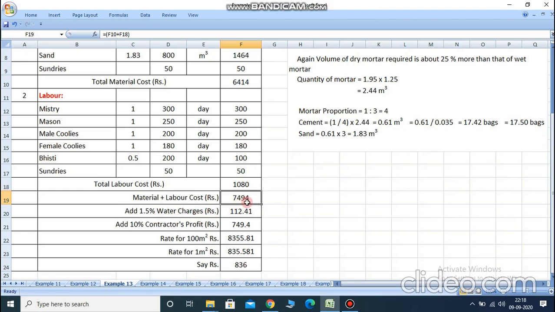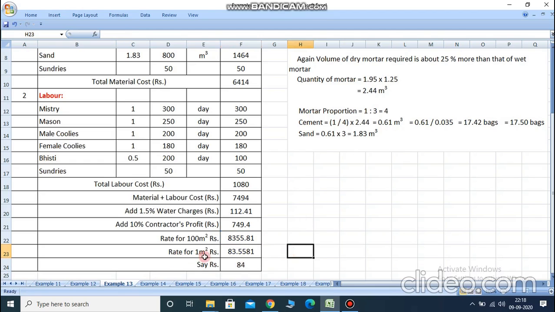So 7494 multiplied by 1.5%, we got the answer 112.41, and we add 10% contractor profit. So 7494 multiplied by 10% means 749.4 rupees as contractor profit, and the summation of 7494, 112.41 and 749.4 is 8355.81 rupees, which is the final answer for 100 meter square plaster work.